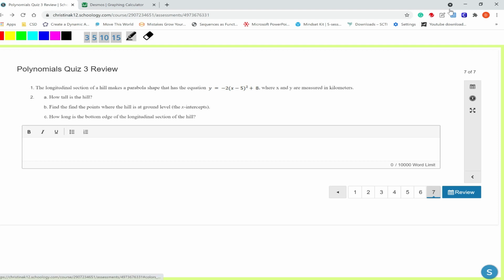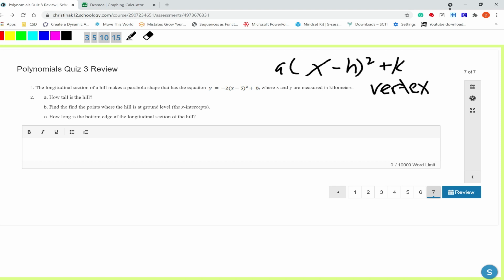This is vertex form. So remember when we have a x minus h squared plus k, our vertex is going to be in the form of h comma k, where h in this situation would be the x coordinate of the height and k would be the actual height of the hill.